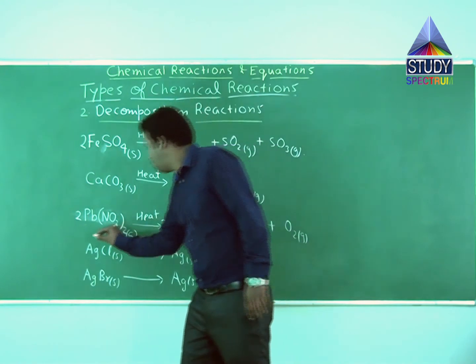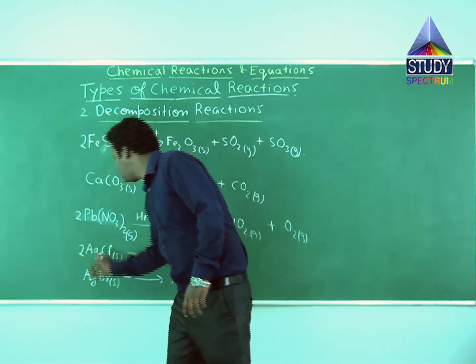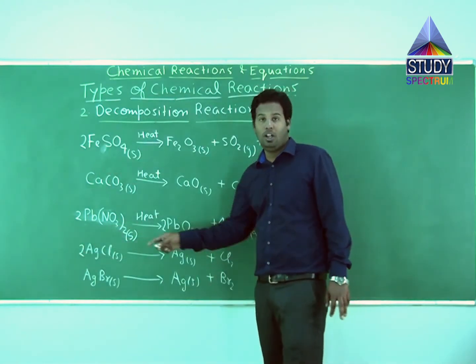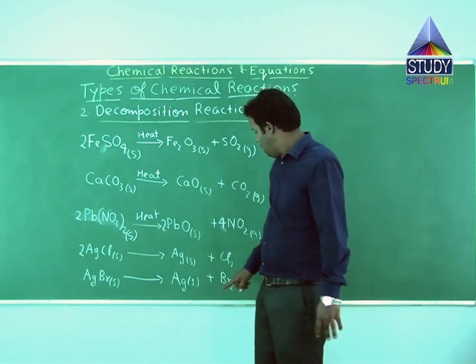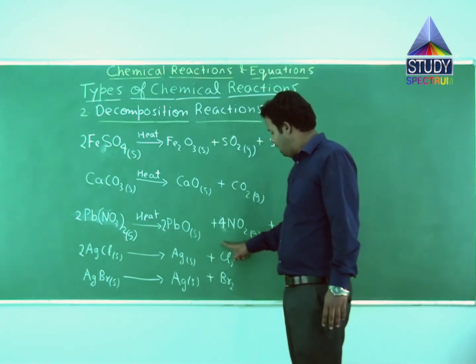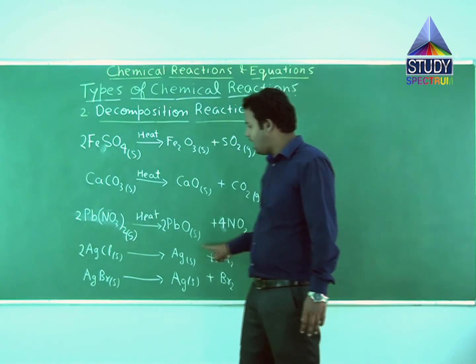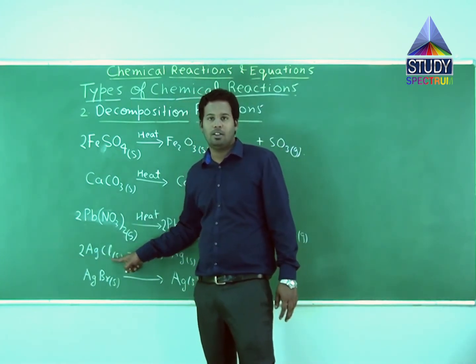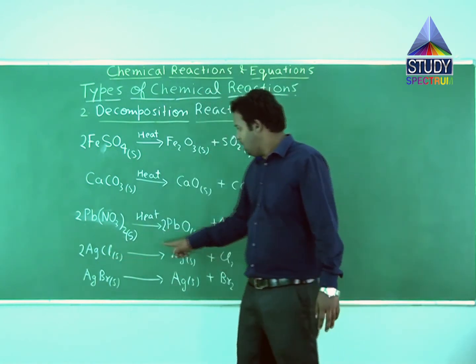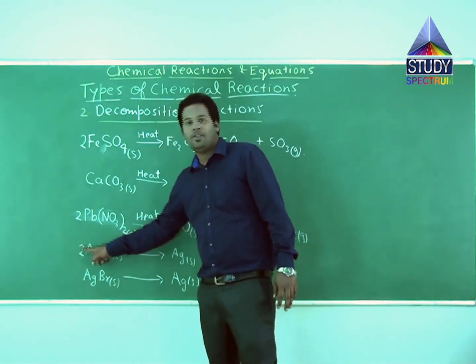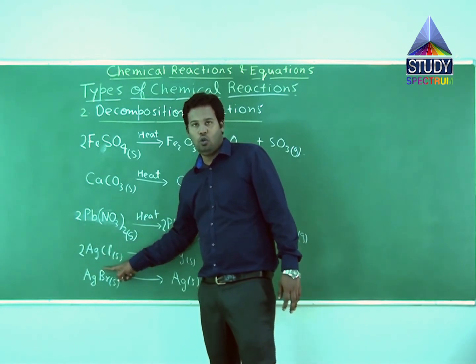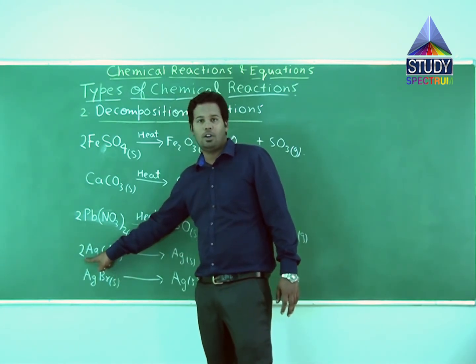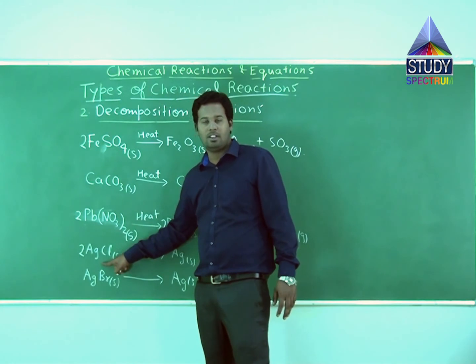If I place 2 here as the new stoichiometric coefficient of the only reactant AgCl, then I can see that in RHS there are 2 chlorine atoms and in LHS now there are 2 chlorine atoms. So chlorine is balanced. But a new problem has arisen, that is the number of silver atoms in LHS is now 2, because the new stoichiometric coefficient of AgCl is 2, and the suffix remains the same, 1.